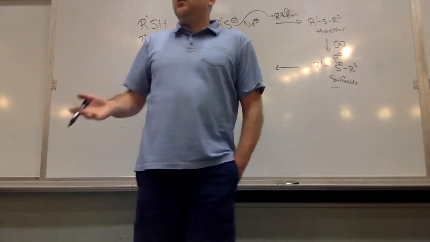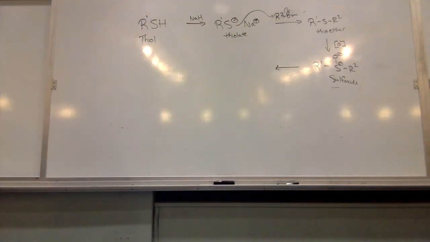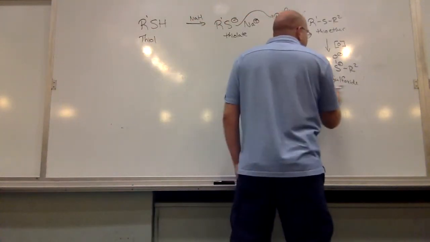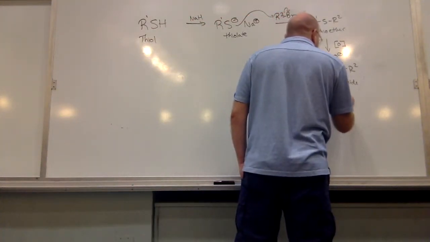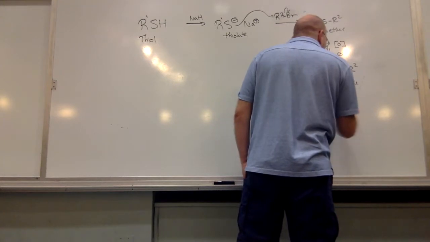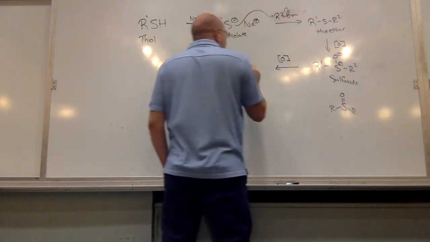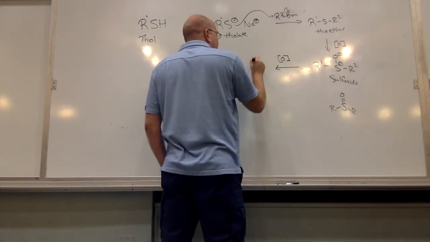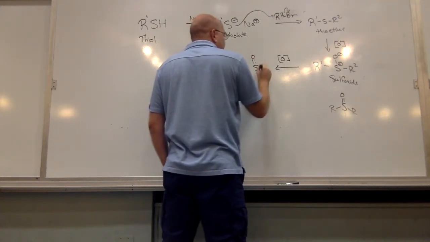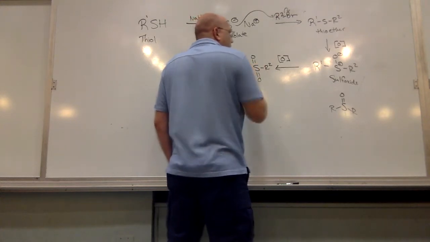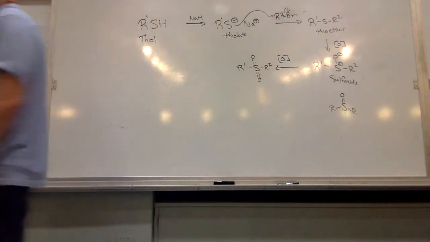So DMSO is an example, dimethyl sulfoxide. That's once. And then if you oxidize again, sometimes you'll see this drawn as a double bond. And then if you oxidize again, you'll get to what we call the sulfones. I'll just draw it this way.